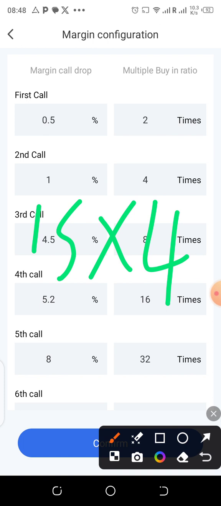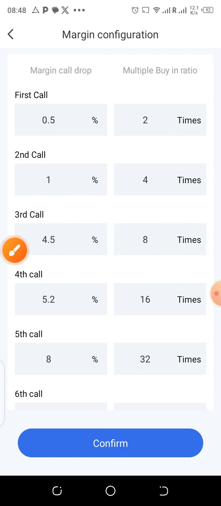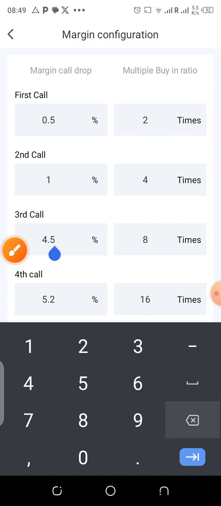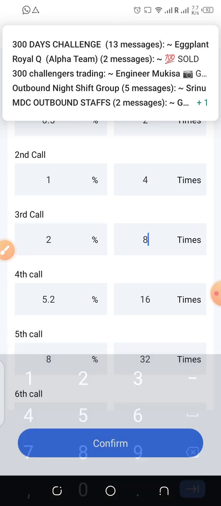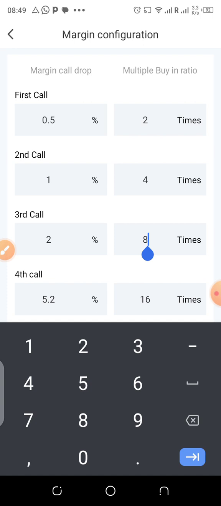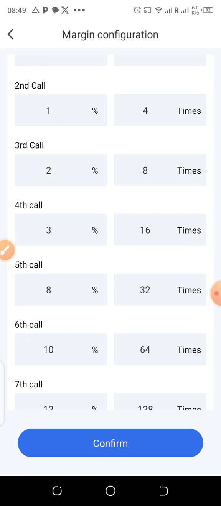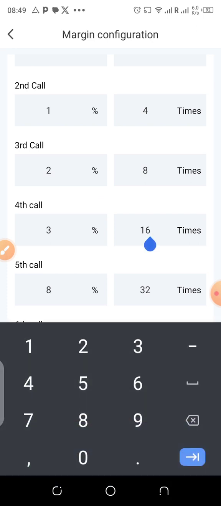The answer that you get is how much the robot is going to put in that second call. Then we go to the third call. If the market drops by 2%, let the robot buy 8 times. And if the market drops by 5%, or let's say 3%, let the robot buy 16 times.